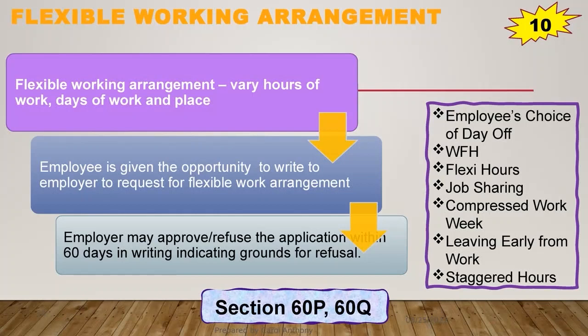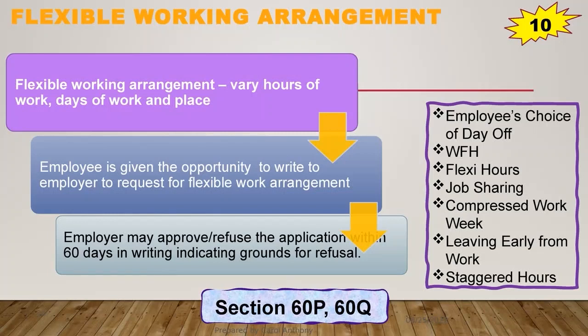Okay, now we come to the flexible working arrangement, what it is. So these are the 3 main rules I put down in 3 boxes, what the employer should do. Remember, this covers all employees, regardless of wages. So flexible working arrangement, what are the things?